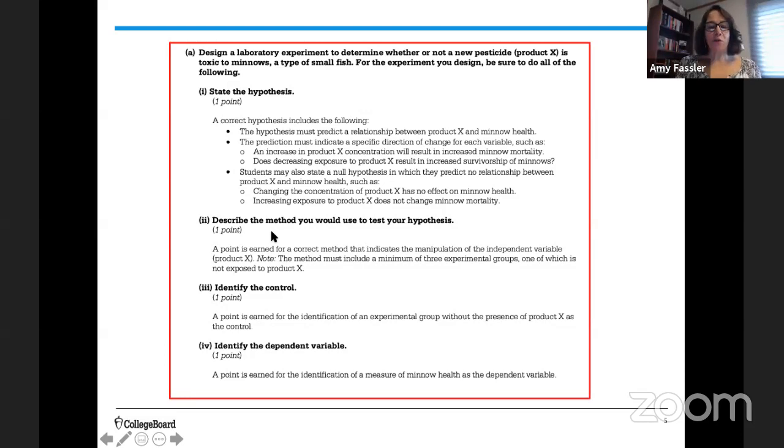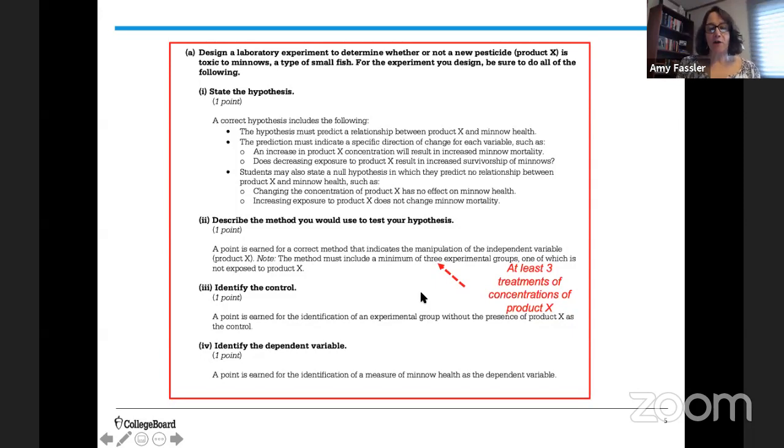Next, for 1 point, describe the method that you would use to test your hypothesis. In order to get this point, notice that you need 3 experimental groups, or at least 3 different treatments. I always prompt my students to use even more than that to be on the safe side.